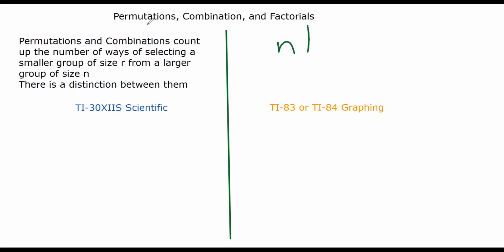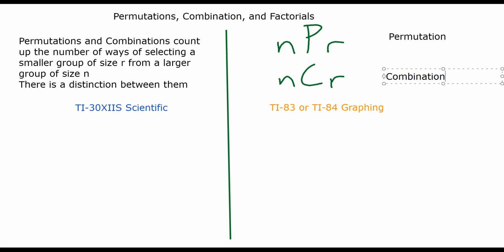In your calculator, the nPr is associated with the permutation. The nCr is associated with the combination. If you have the TI-30X2S scientific calculator, let's say you want to calculate 8P3.